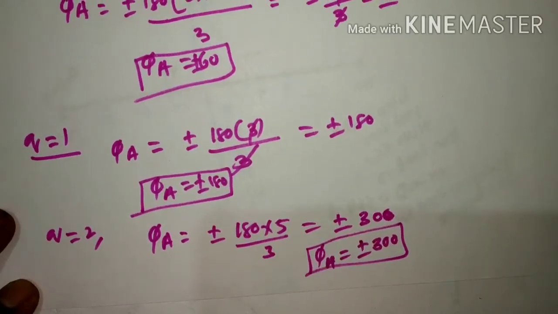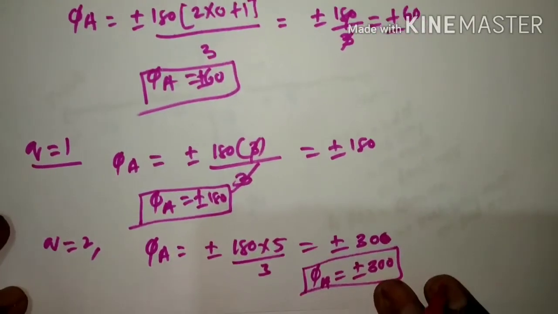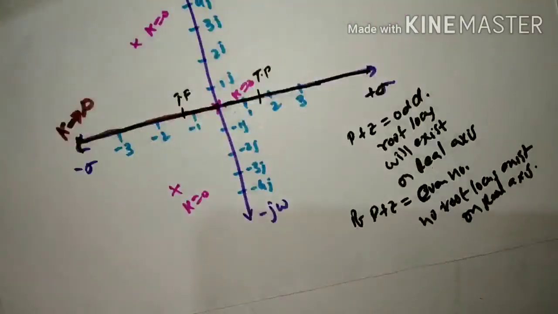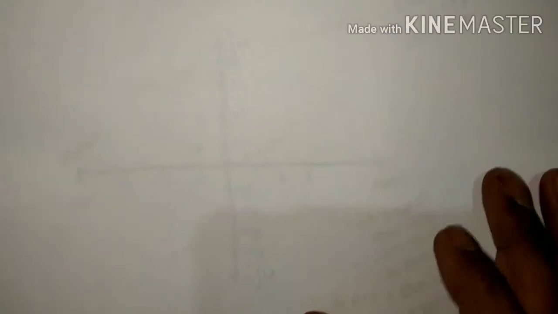So now after finding this, you have to find the centroid. Okay, you have to find the centroid. How are you going to find the centroid? This is very important. Centroid is equal to the sum of poles minus the sum of zeros.